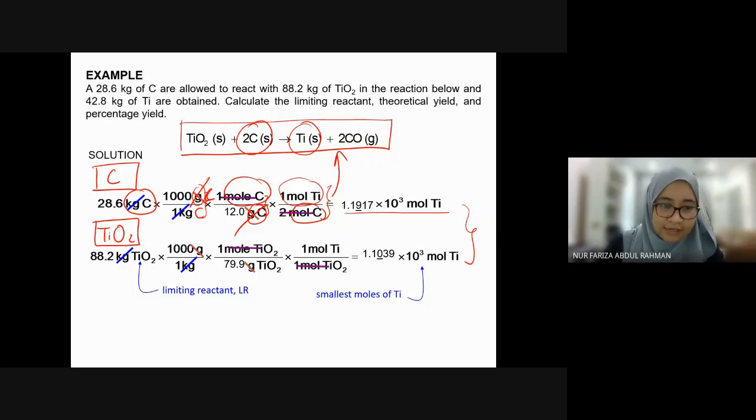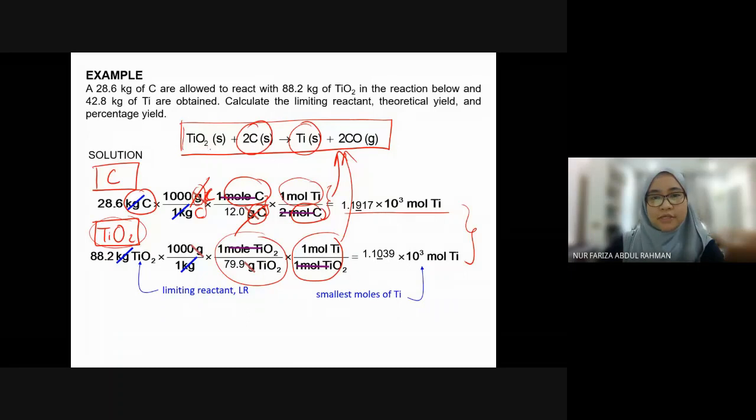Next, titanium oxide, the same approach. Same as carbon just now, we do it for titanium oxide, the other reactant. So proceed. This is a molar mass conversion factor. This is from the balanced equation: 1 mole of titanium oxide will produce 1 mole of titanium.